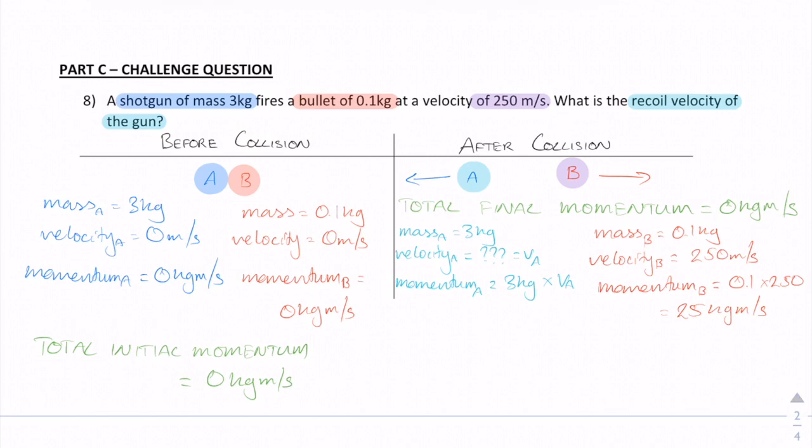Now the equation for total final momentum is as follows. Let's write that a bit higher. Total final momentum equals the momentum of A plus the momentum of B.